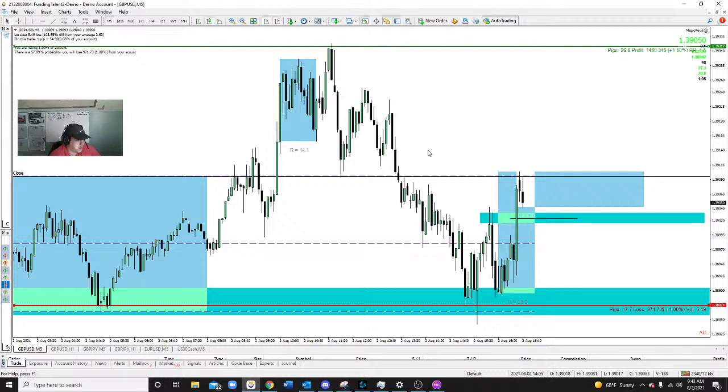So we've broken that small resistance. Now we're getting a pullback to the gap, if we can. Come on.